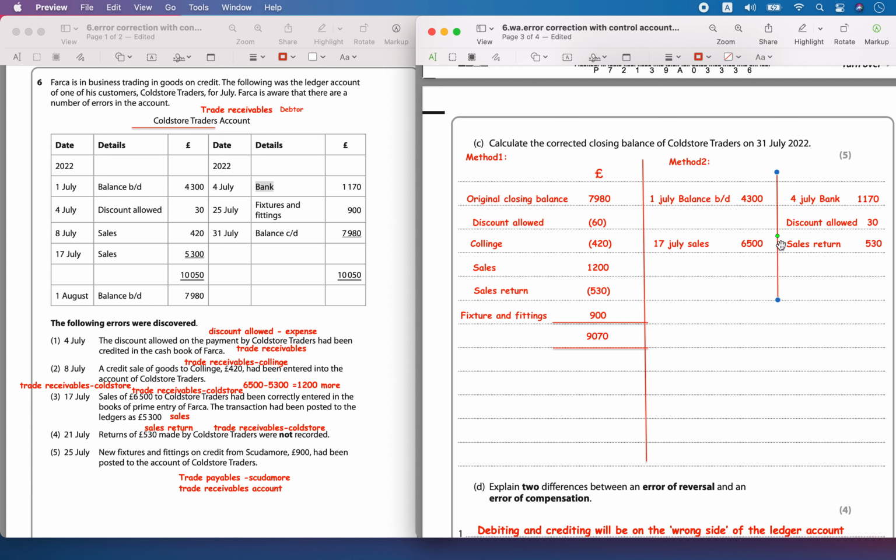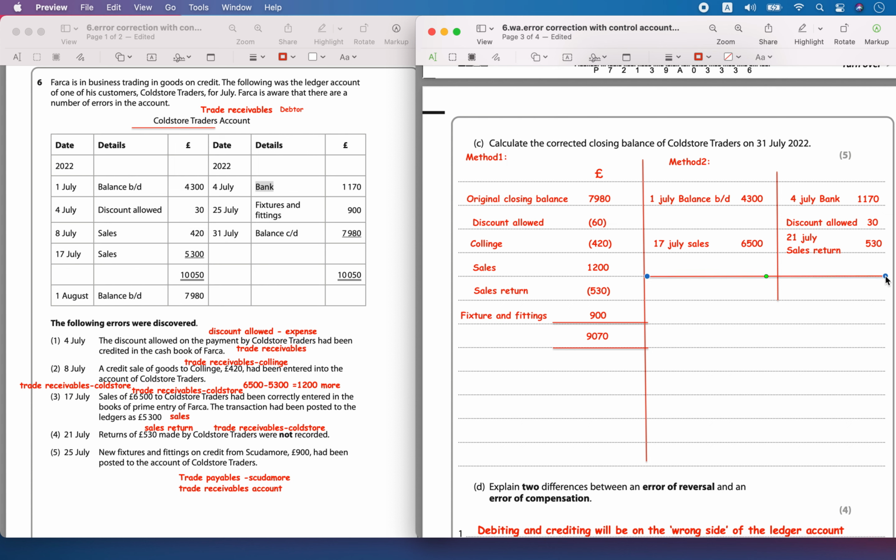The sales return happened on 21st July, so here we write 21st July sales return 530. Then that's all. These are the transactions that had actually happened. The others we need not worry about.